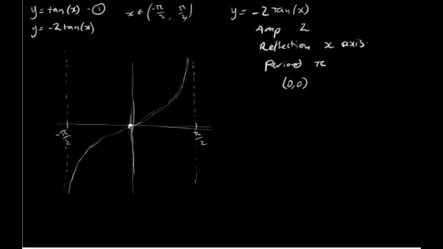So on our graph, it's going to go through 0, 0 because we haven't moved it left or right. We haven't moved it up or down. So it's going to go through 0, 0. We've still got the same period, and we've got a reflection in the x-axis. So very similar shape to this one. It's just that we're going to go the other way now.